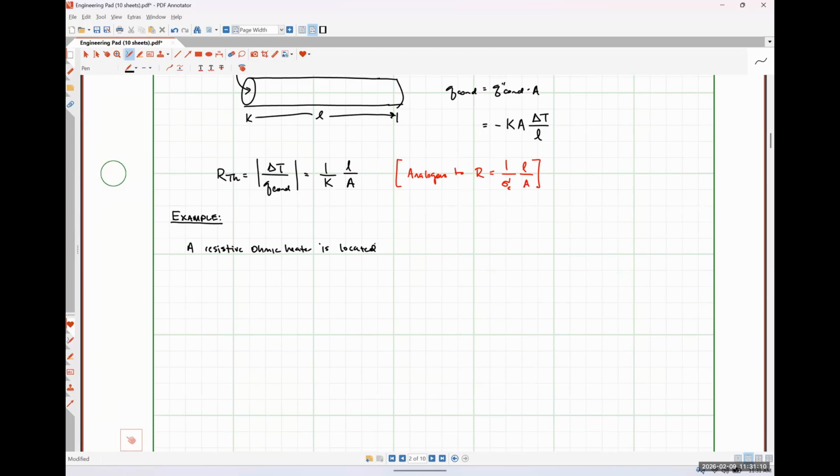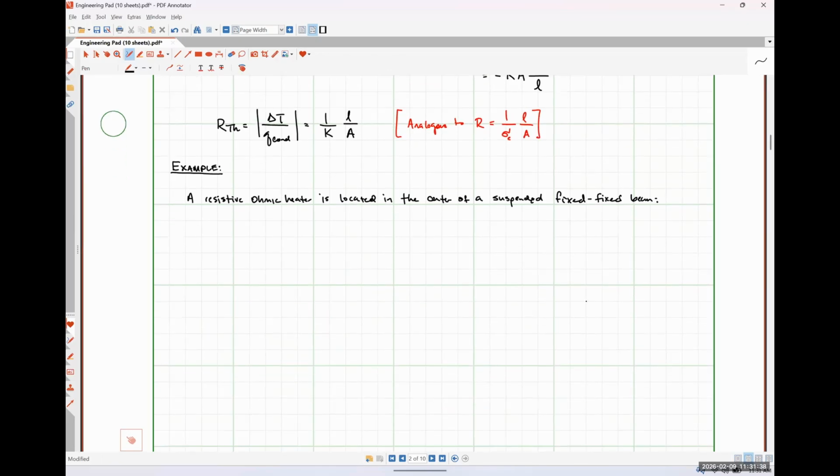It is located in the center of a suspended fixed beam.